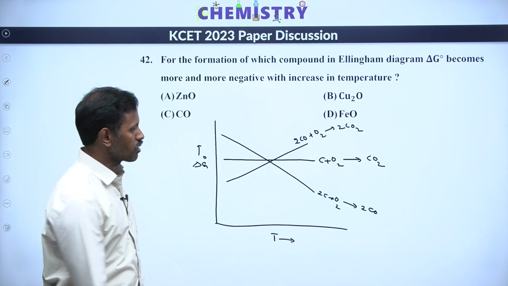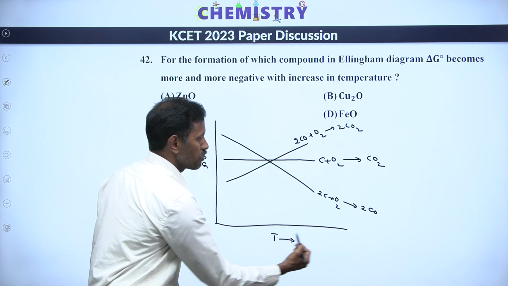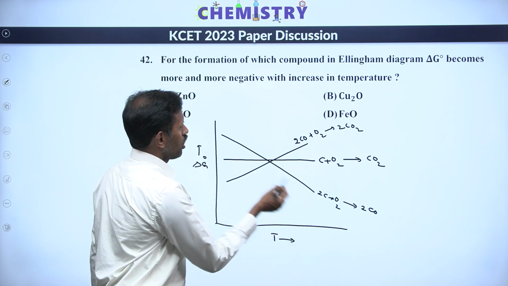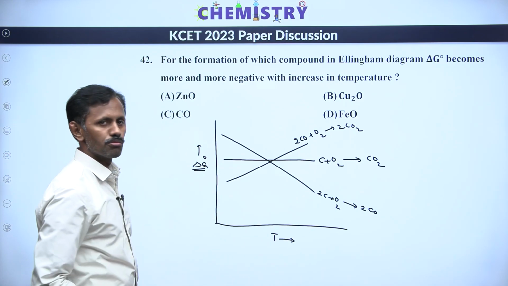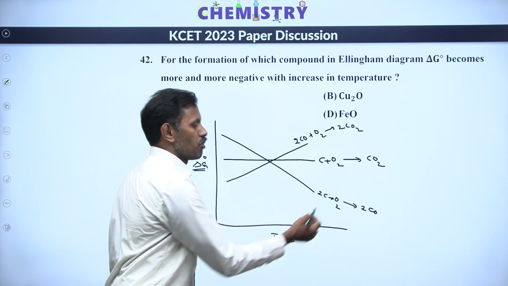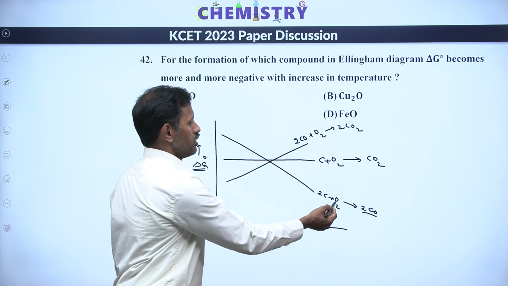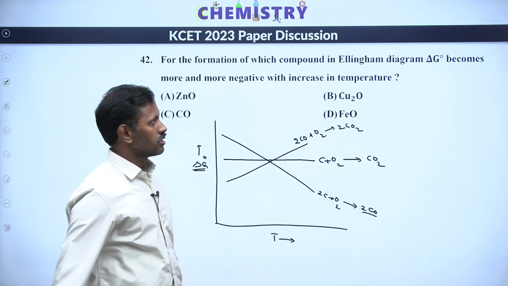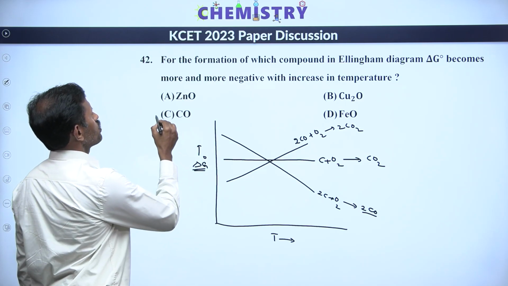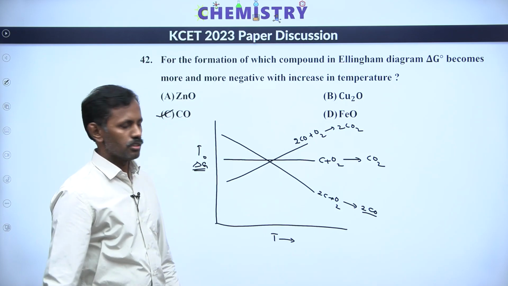So for the formation of carbon monoxide, as you go from left to right with increasing temperature, the graph becomes more negative. When delta G naught is more negative, the reaction is more spontaneous. So the formation of carbon monoxide from carbon reacting with oxygen is highly spontaneous at high temperature, and less spontaneous at low temperature.